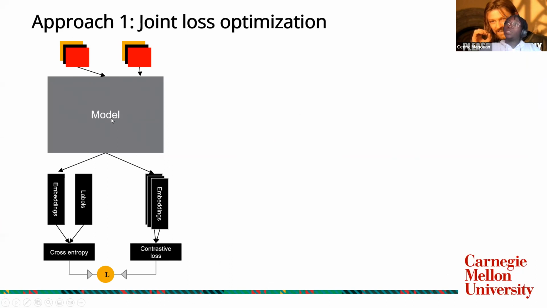Depending on the setup, say you want to perform triplet loss, you also need a dataset of triplets. Namely, when you call the data loader for the triplet dataset, you need an anchor image, a positive image and a negative image. Then through your model, you generate the embeddings, which are basically the output of the penultimate layer of your network. And using your labels, you compute your regular cross-entropy loss. That is the first step for this particular approach.